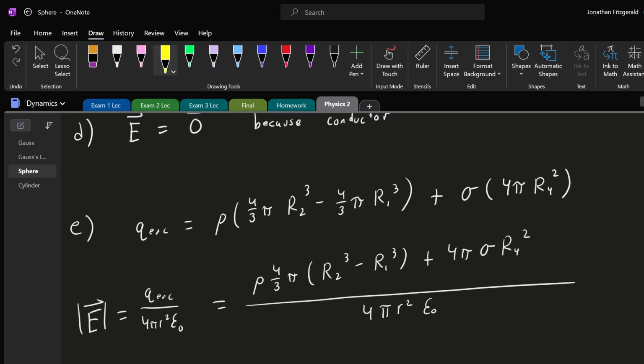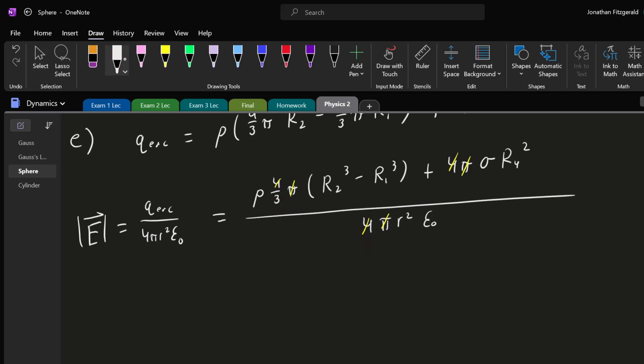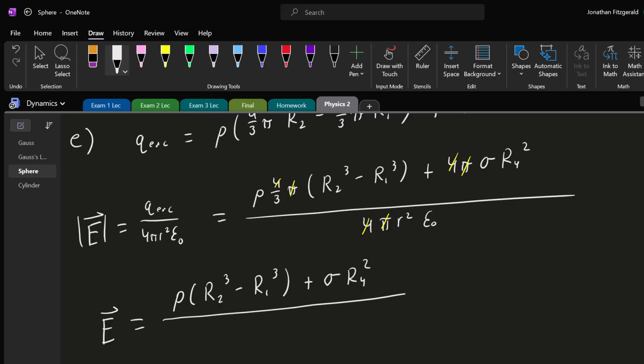Then we just gotta simplify it. There's a pi in all of these, there's a 4 in all of these, and then we can take away our magnitude: rho R2 cubed minus R1 cubed plus sigma R4 squared, all over R squared epsilon naught times R hat.